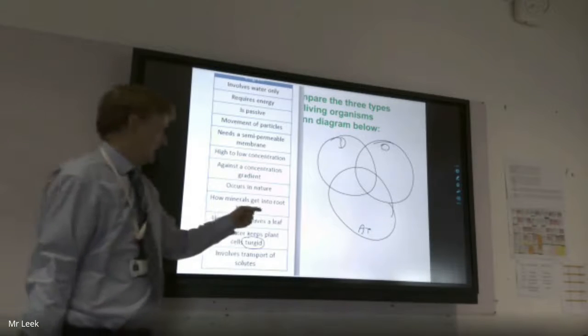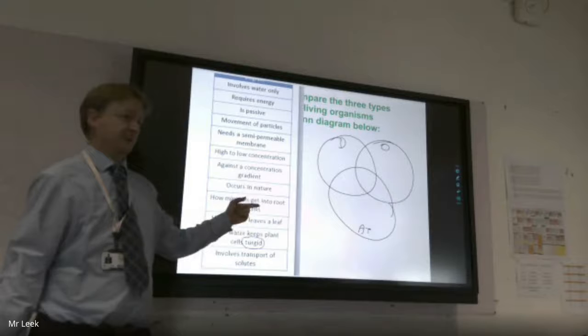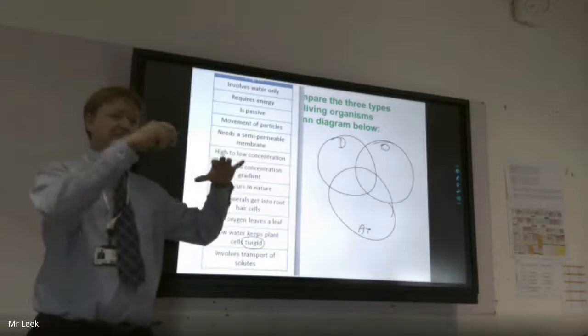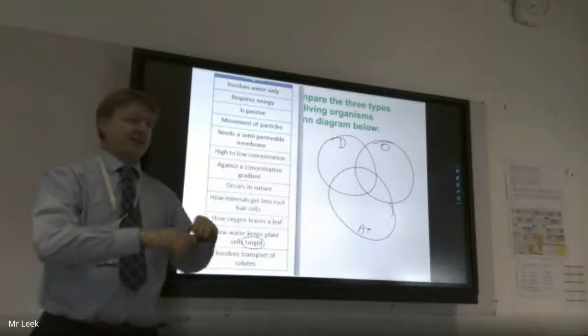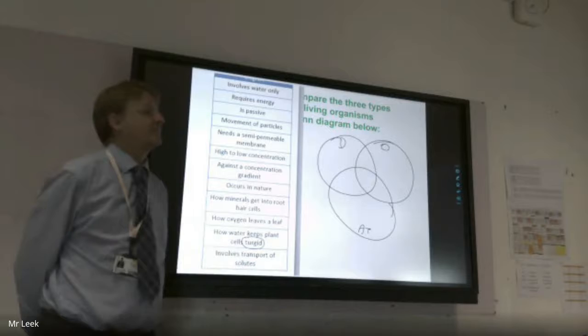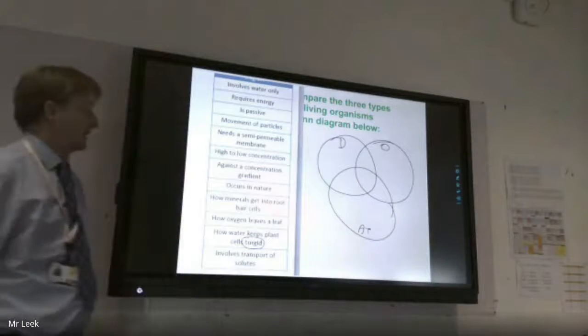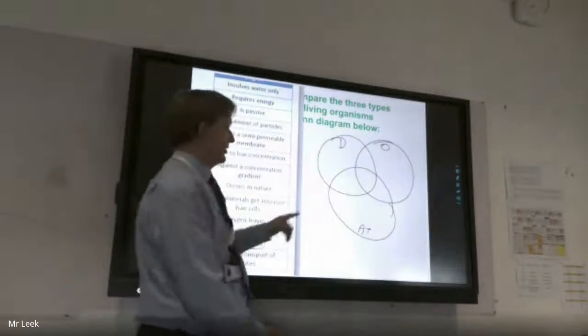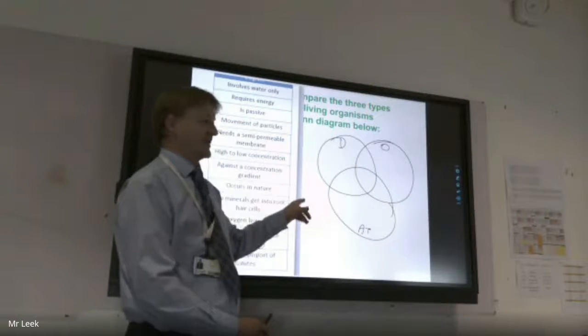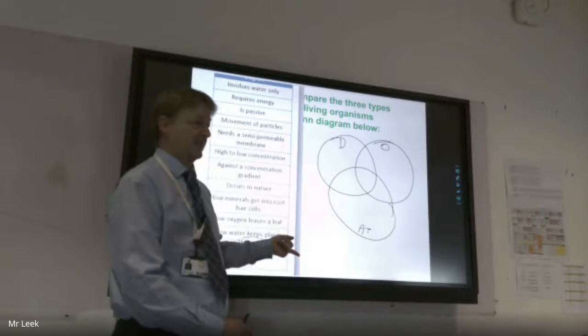If you think about it, is it water? No, it's happening in root hairs. This one involves transport of solutes, which is quite a difficult one. Solutes are substances that are dissolved in water.